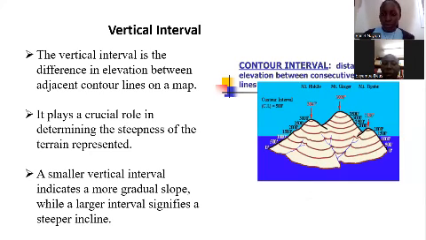So the vertical interval is more about the difference between 2 close contours on the map. For instance, if we have hill A and hill B, we want to determine their heights with their numbers. Then we subtract the two contours, and we get the vertical interval.